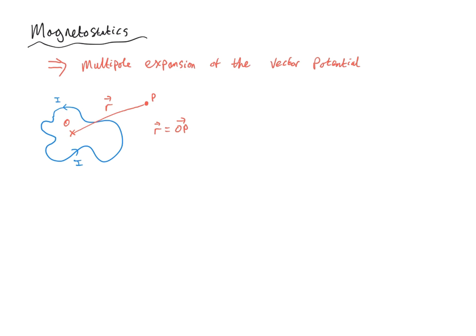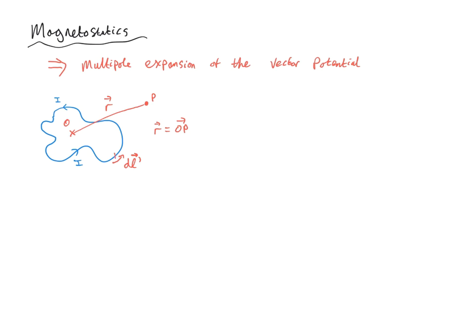And we want to know the vector potential at P in terms of this reference origin O. And this is due to tiny contributions to the vector potential due to current flowing around in a particular part of this circuit. Let's say we're considering a tiny bit of the path around the loop, dl primed.